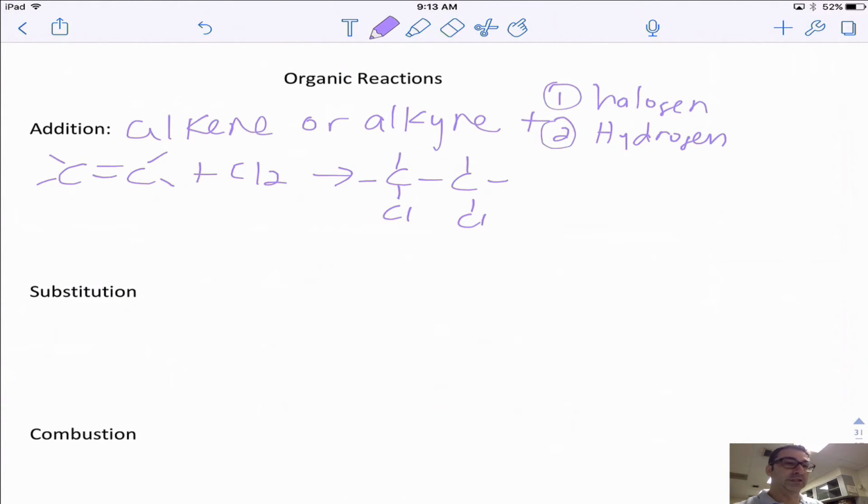And that would be my addition. Could I do hydrogen? Sure. So I could do hydrogen to this, and then it would just become a saturated alkane.